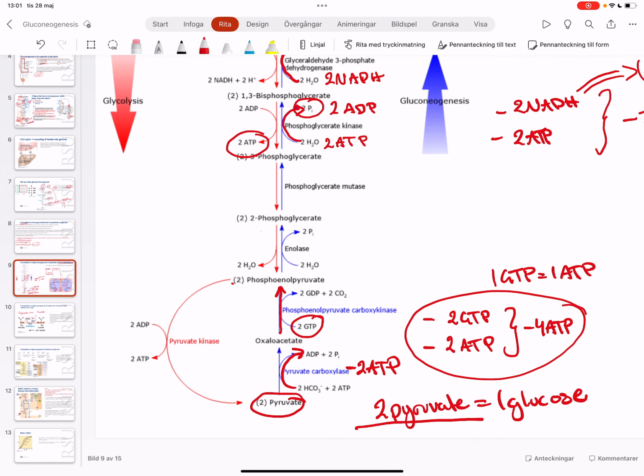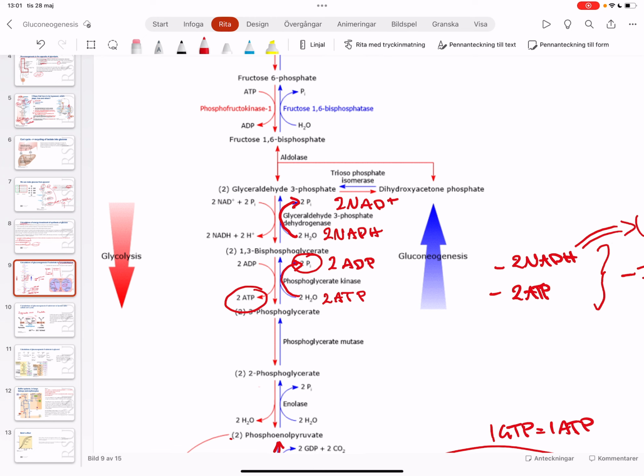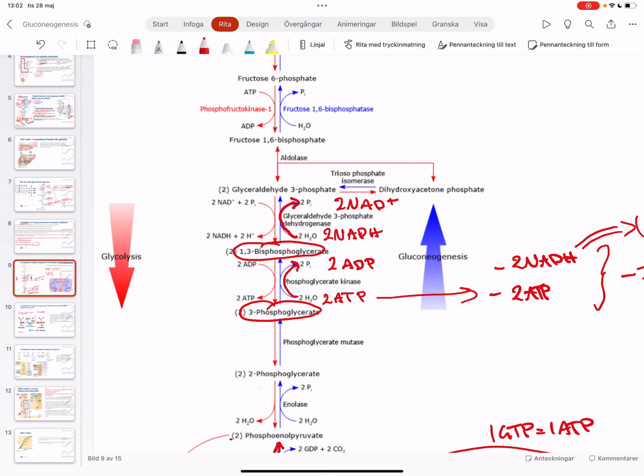That's one thing. Then we will go further up in the reaction. And here we can see that from 3-phosphoglycerate to 1,3-bisphosphoglycerate, we will use 2 ATPs right here. So that's minus 2 ATPs.